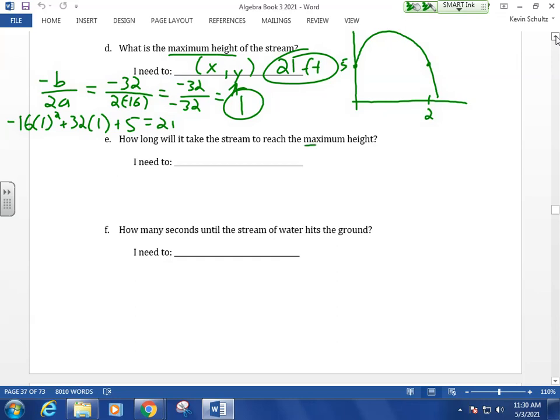Letter E, how long will it take the stream to reach the maximum height? So again, that word maximum, we're dealing with the vertex, but this time, if the question is how long will it take to get there, which value of the vertex do I care about? The x, because that's the length of time, which I already solved for. How long will it take? 1 second.